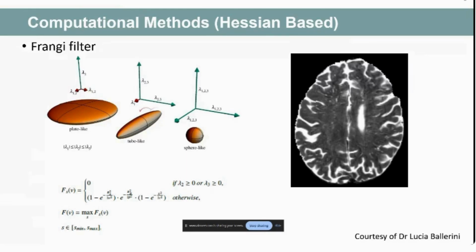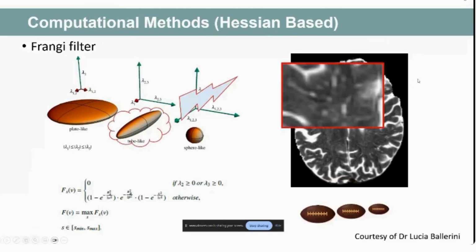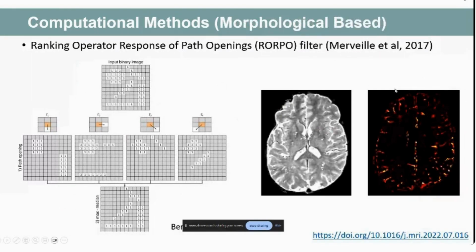And there are other types of methods that look at the morphology using openings and path opening to look for tubular objects. So these are more reliable, well, at least in my experience. And we take the output of the filters and threshold it to obtain a segmentation.